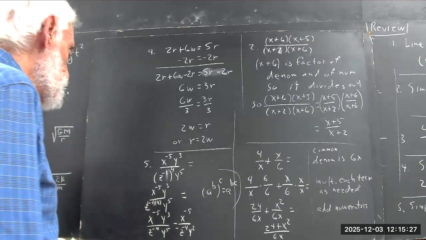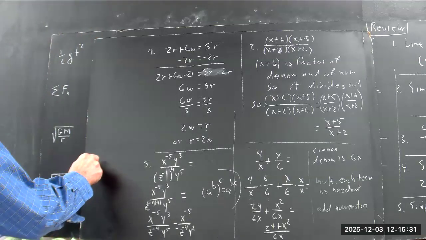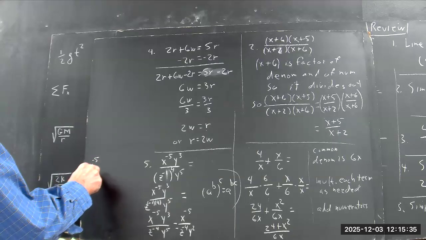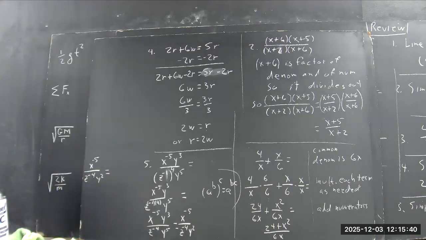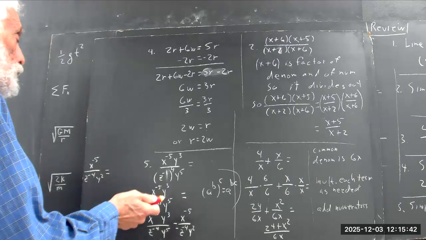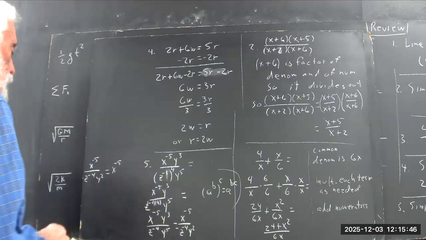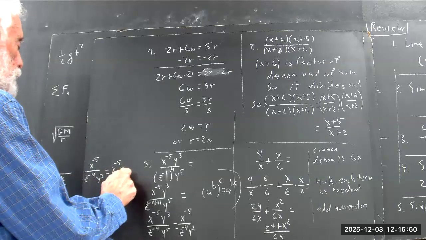Now there are different ways this can be written. We could write it with no denominators. x to the negative 5th. The reciprocal of z to the negative 4th is z to the 4th.